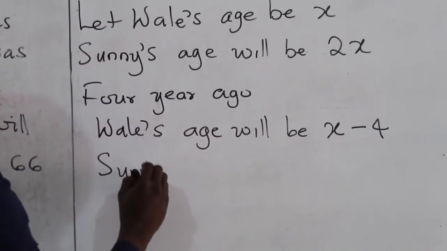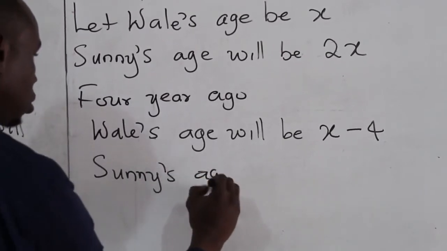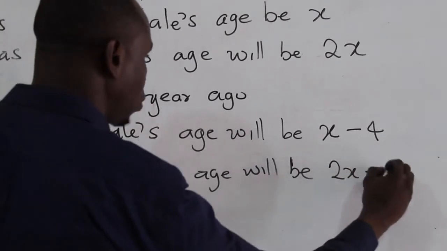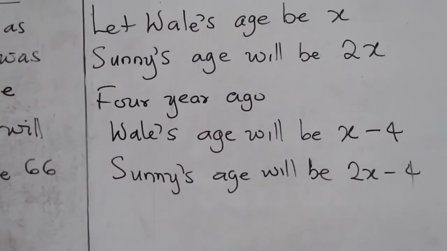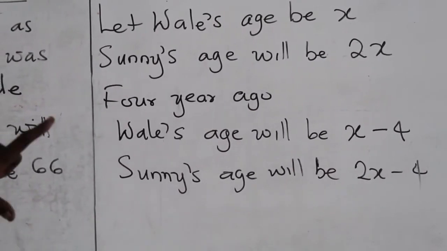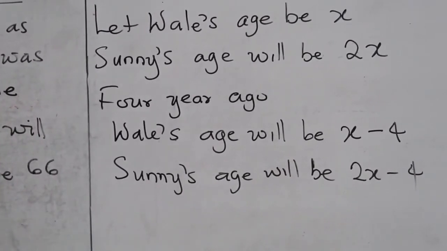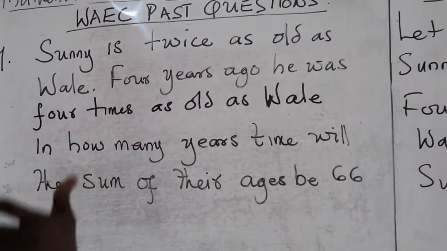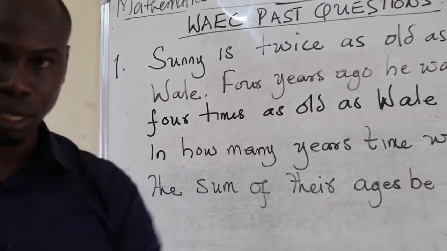Sonny's age will be 2x minus 4 as well. So I've subtracted 4 from both of their ages so that I can write my expression in terms of what the question here is saying. Since they said 4 years ago he was 4 times as old as Wally, it means 4 times whatever Wally's age is will be what Sonny's age is.